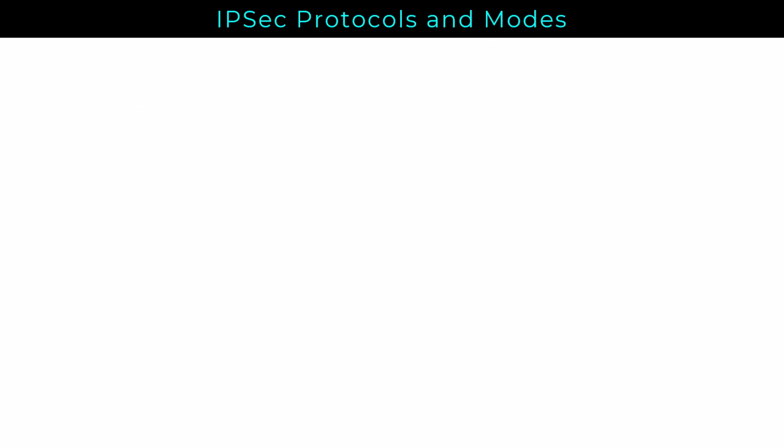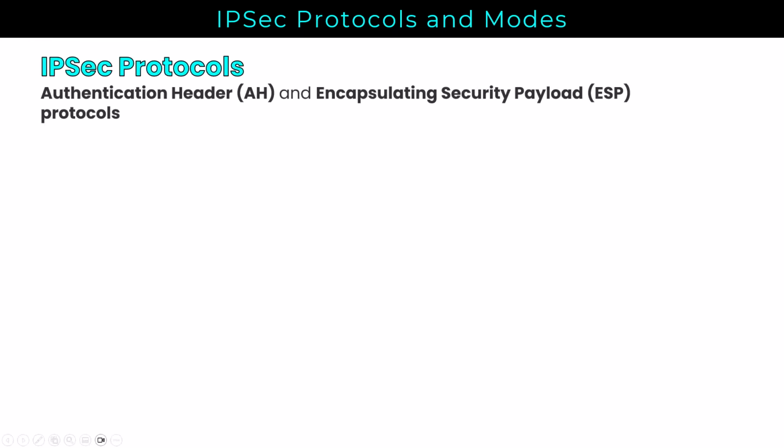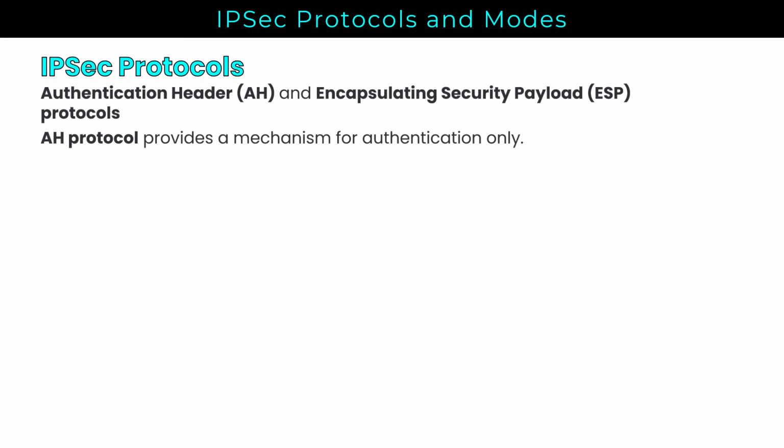So on the topic of IPsec, there are a couple of protocols and modes you should be familiar with. In terms of IPsec protocols, we have authentication header and encapsulating security payload, abbreviated AH and ESP respectively. The authentication header provides a mechanism for authentication only.